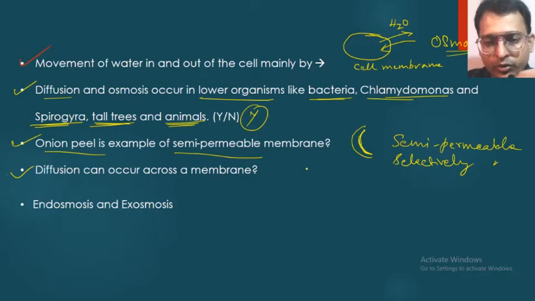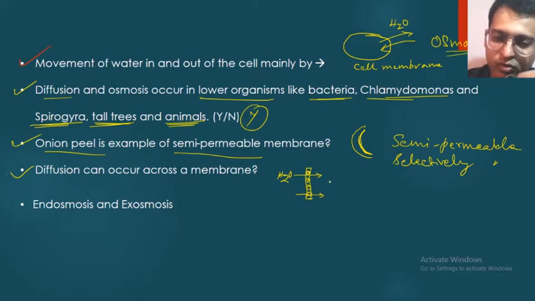But here you need to remember what is moving through the membrane. We are telling that water is moving through the membrane, right? If the size of the pores on this membrane is large enough, then what is going to happen? The salts can also diffuse through it.